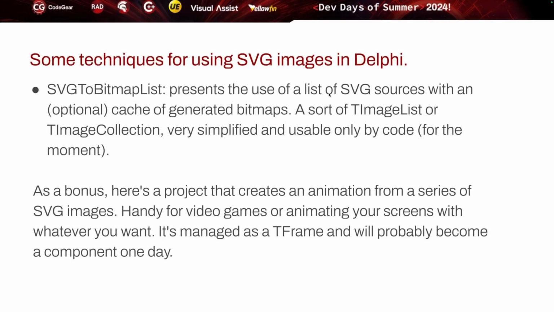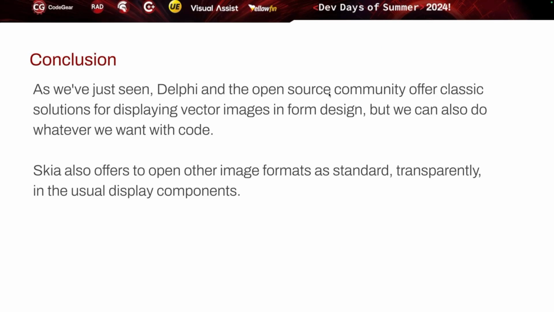That's all for the samples. As we have just seen, Delphi and the open source community offer classic solutions to display vector images in form design, but we can also do whatever we want with code. Skia also offers to open other image formats transparently in the usual display component, like WebP, animated WebP, Lottie, and other formats.